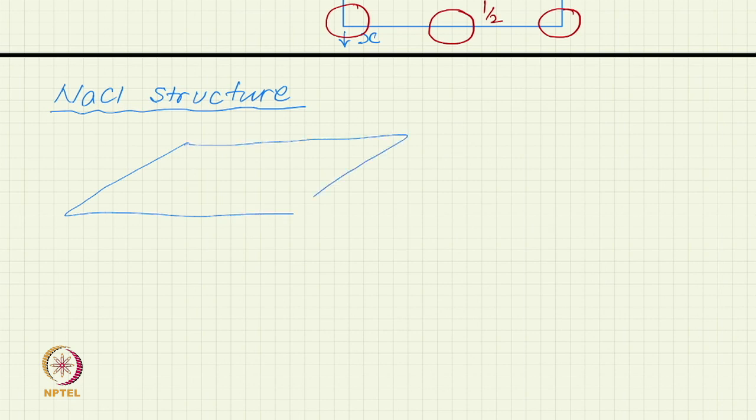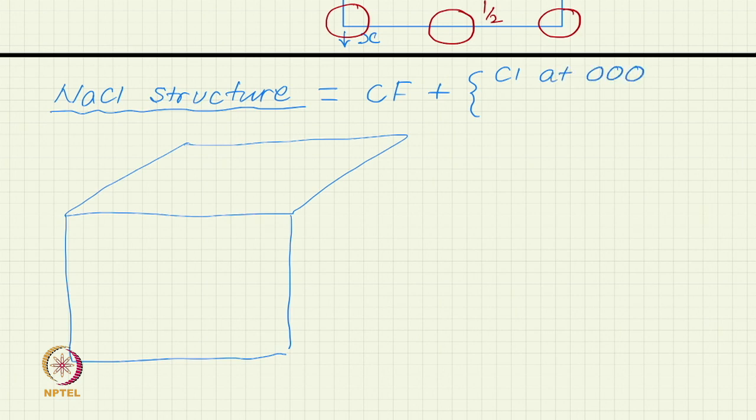If you see, this is cubic F. Now, for the first time you are going to see that the motif need not be one atom, the motif can be more than one atom. So, the motif is 2 atoms: chlorine, to be more precise chloride ion Cl minus at 0 0 0, and sodium ion Na plus at half 0 0.